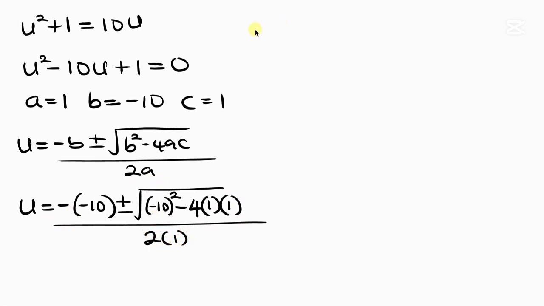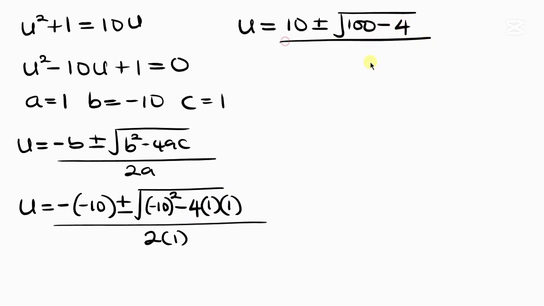So this simplifies into u equal to minus times minus gives positive 10 plus or minus the square root of, now negative 10 squared is actually 100, minus 4 times 1 is 4, all over, now 2 times 1 is 2.